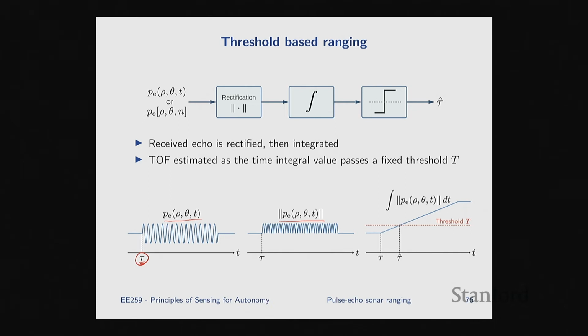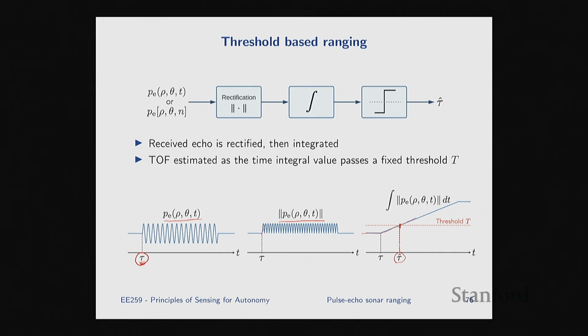There's nothing out of the integrator until you get some signal, and then you start integrating, and at some point the output of your integrator crosses a threshold. At that point, you check what time it is, that's tau hat, your estimate of the round-trip time of flight.